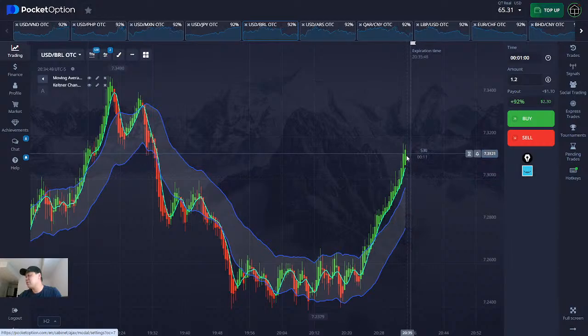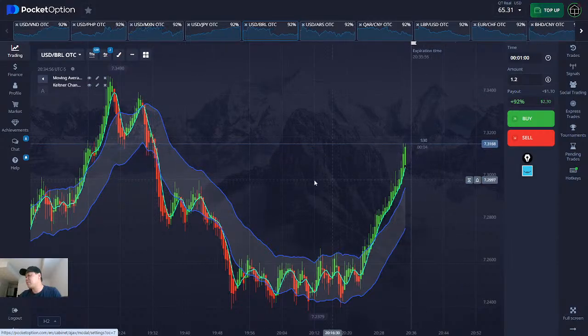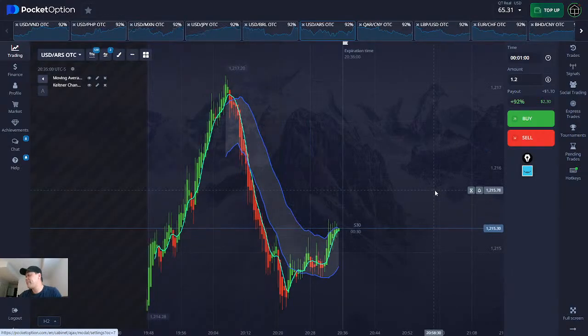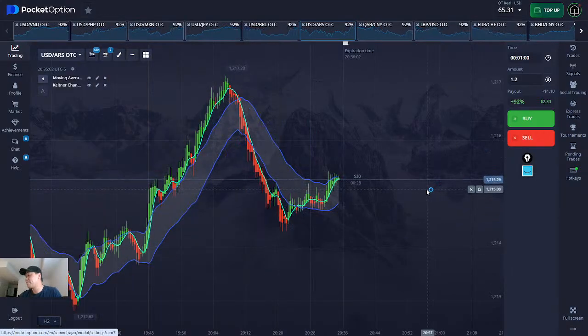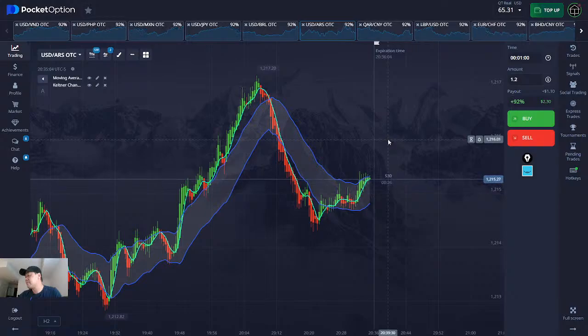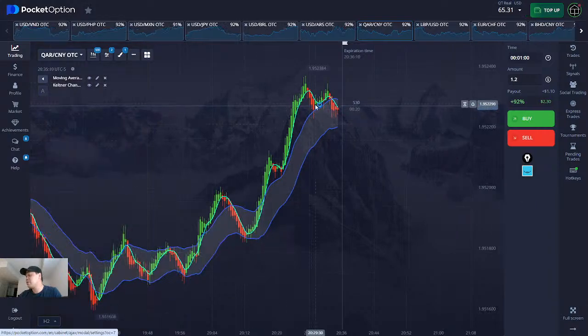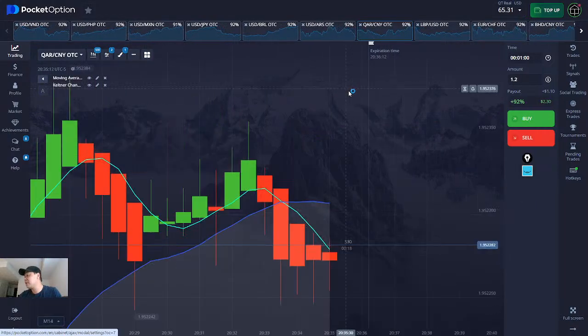This would be a good one after it calms down, takes a little bit of rest and resumes the uptrend. It's a nice U shape. Don't like this one yet. Let's see. This one looks good for a buy.